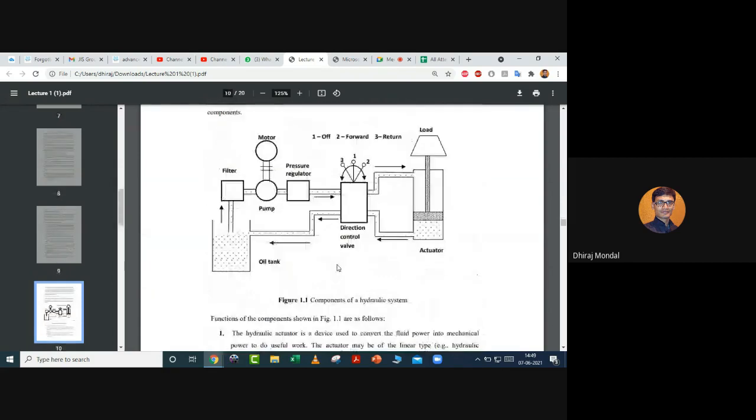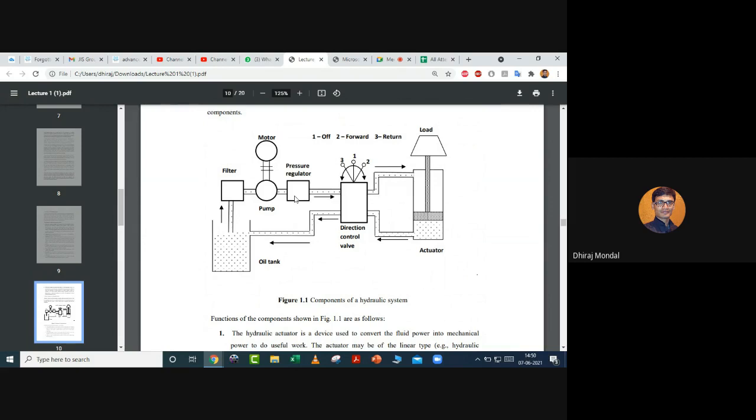Here you can see the hydraulic system. The valves here are operated manually. There is a pressure regulator, and this is the motor. The motor runs the pump, and the pump takes oil from the sump, it is filtered, and it comes to the pressure regulator.